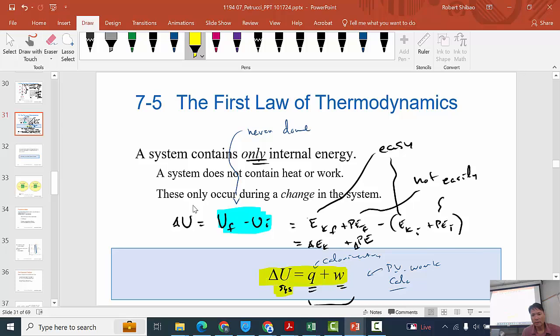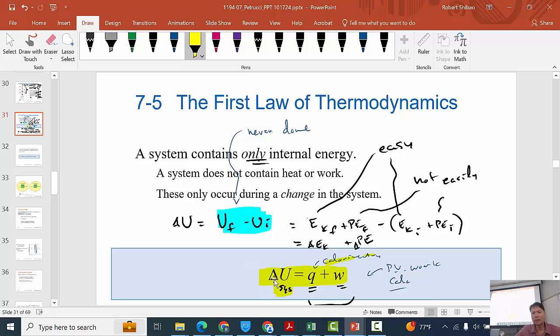if the system loses or gains energy, that energy comes from the surroundings or goes to the surroundings in the form of heat, Q, and work, W. And these are the things we can measure, heat and work. Although we do calculations for work, we can also do calculations for heat instead of having to do calorimetry for the measurement.